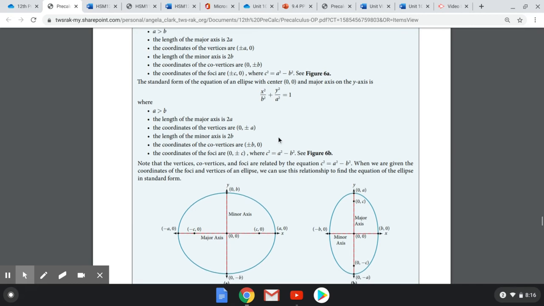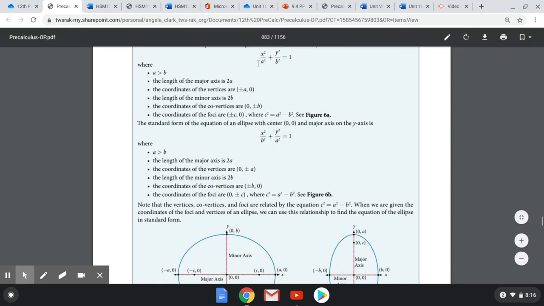You can have either version: a being under x and b being under y, or b being under x and a being under y. So a is defined as half the major axis and b is half the minor axis, but a doesn't always go under x and b doesn't always go under y.